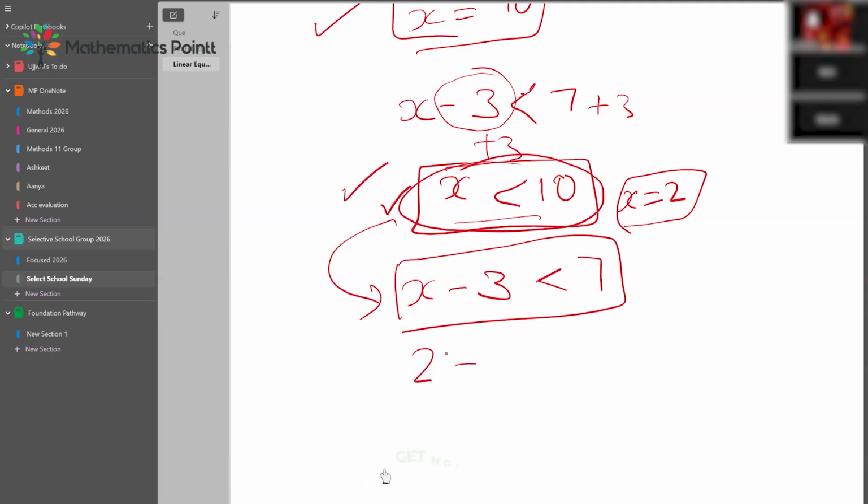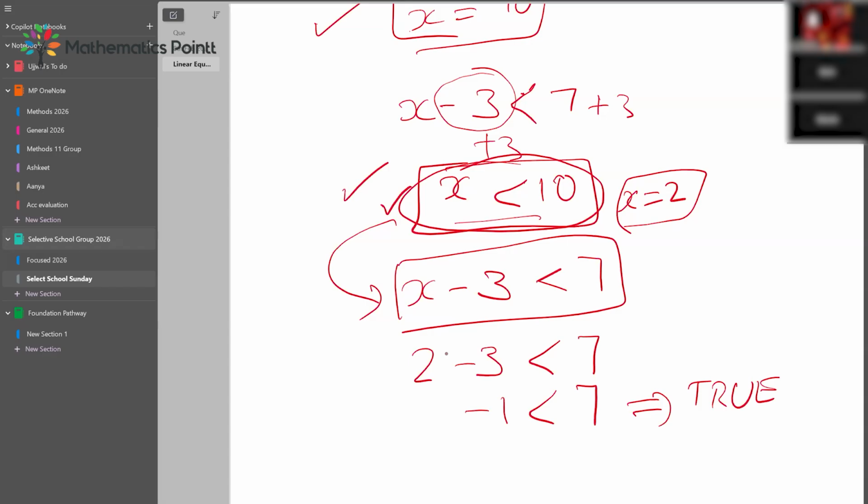So 2 take away 3 is less than 7. 2 take away 3 is negative 1, which is less than 7. So this is true. So my answer is right.